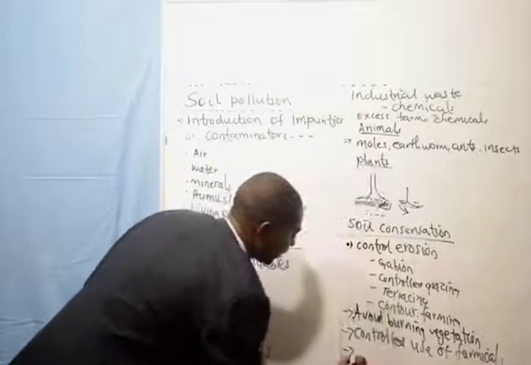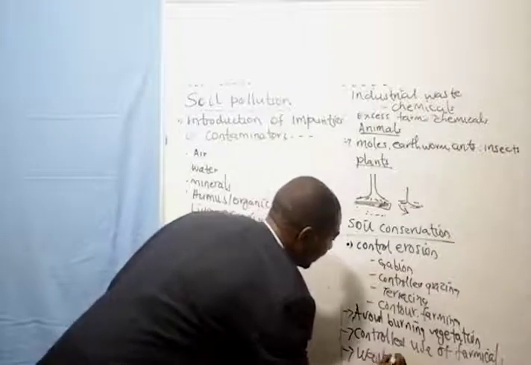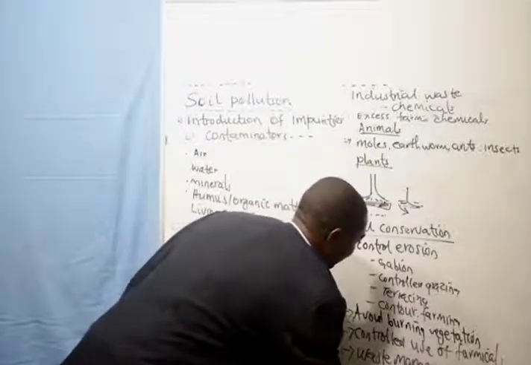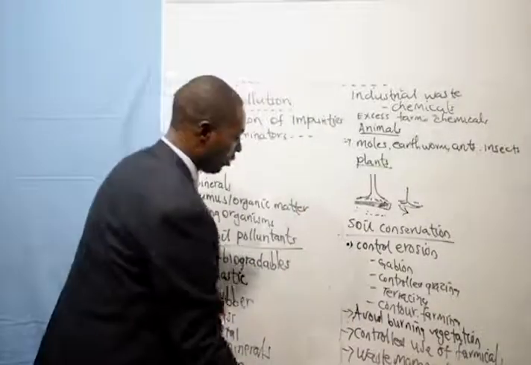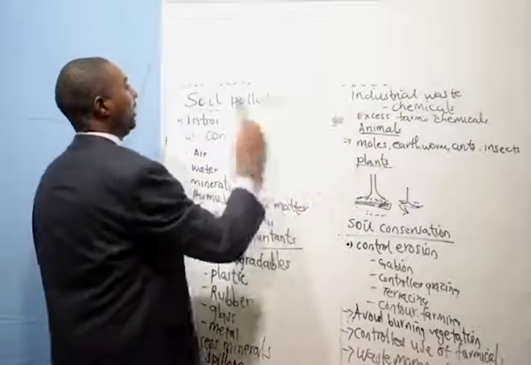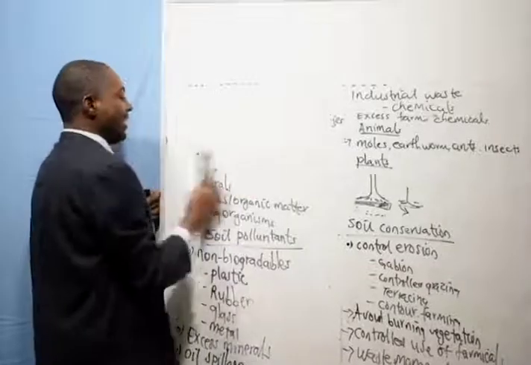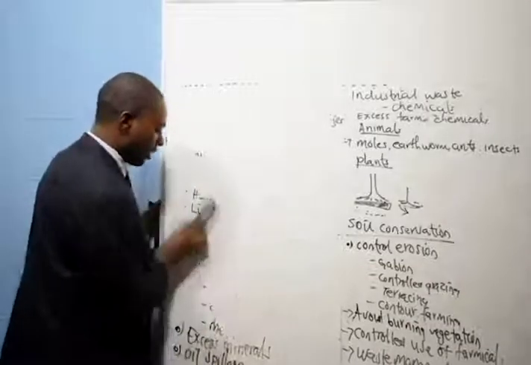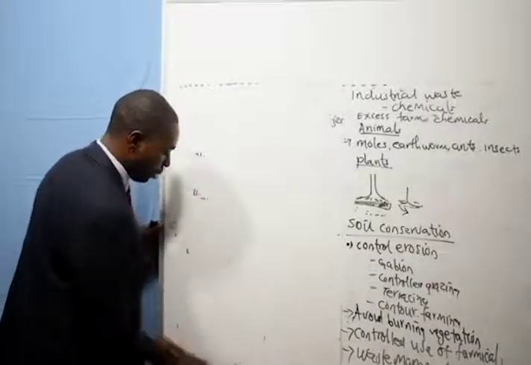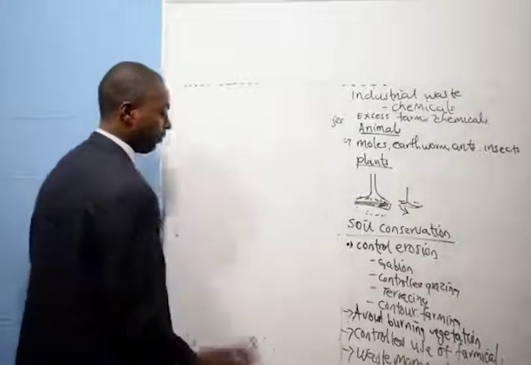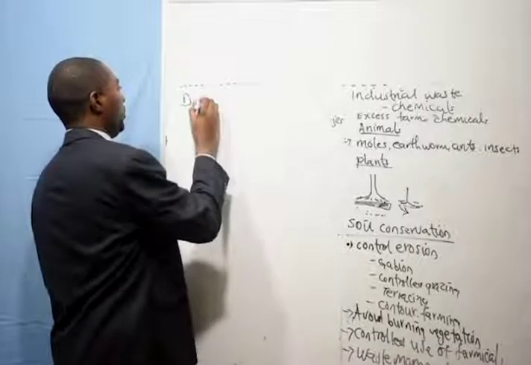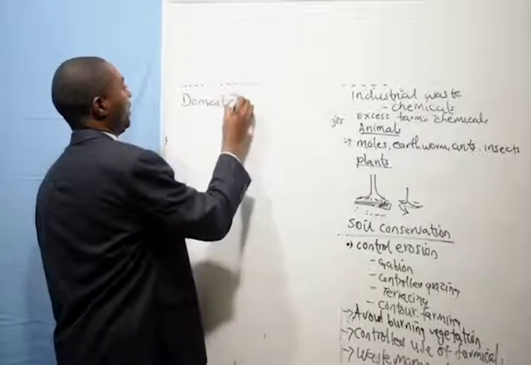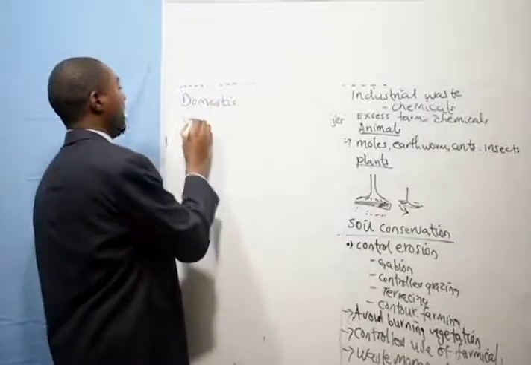The other one is waste management, and I want to discuss this one at length. What is waste management? Remember that as long as there is life on earth, waste must be produced. And how do you manage waste? You can manage domestic waste, that is waste produced at home, or industrial waste.